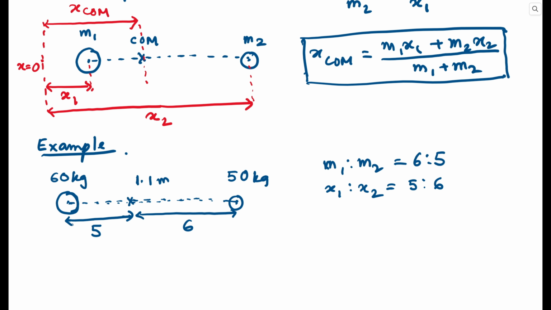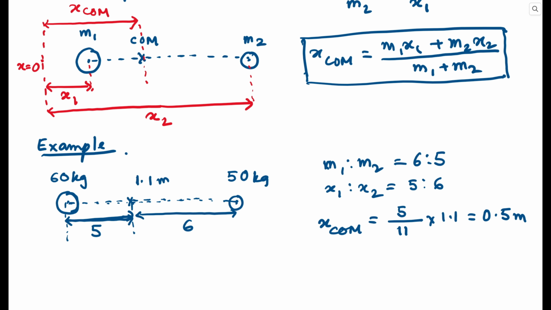So altogether there's 11 parts, and then if you want to work out the location of the center of mass from the 60 kg mass, so you're interested in this distance over here, then you can work out the location of the center of mass, which is 5 out of 11 parts of the entire distance, 1.1. So it will be 0.5 meters away from the 60 kg mass. So that's how you can use the ratio method to work it out.